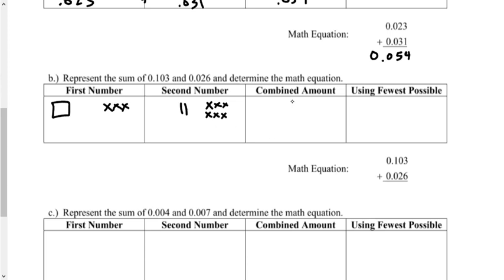When you put all these together, I'm going to end up getting 1 flat, 2 rods, and 9 units. Right? So we got 1, we got 2, and we got 9. So 1 flat, 2 rods, 9 units.